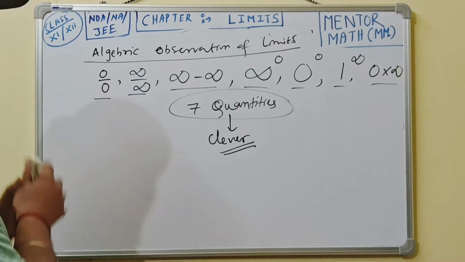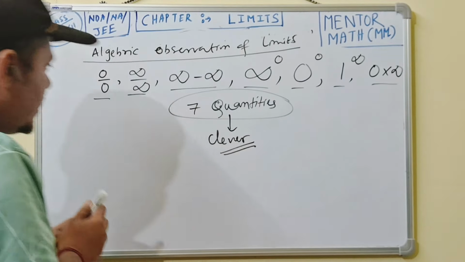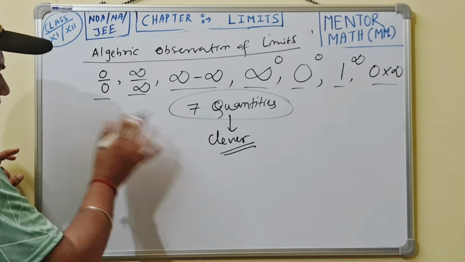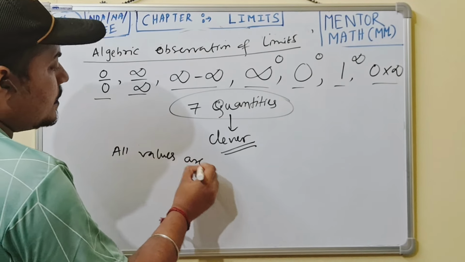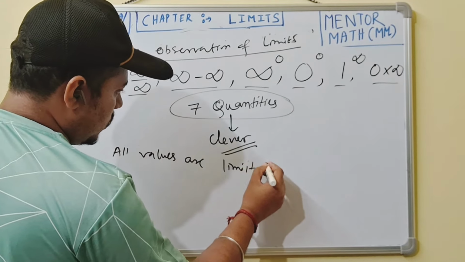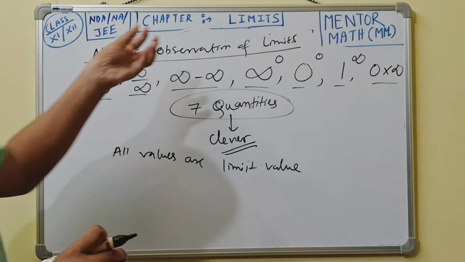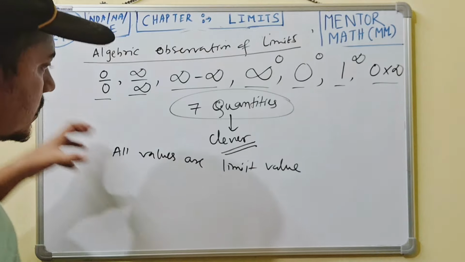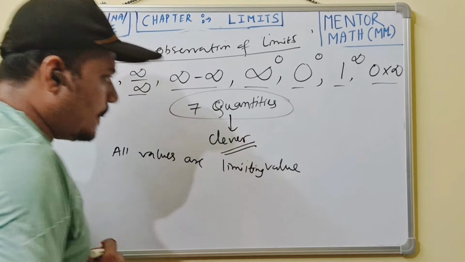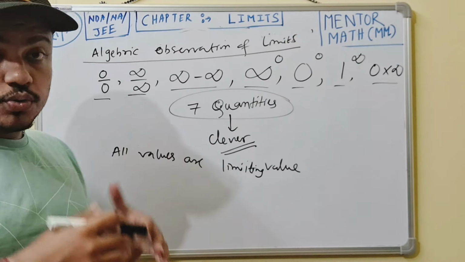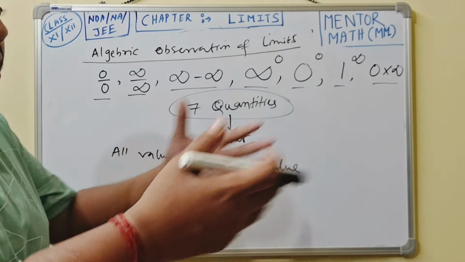Basically these quantities, 0 and 1 and infinity, all these things are not exact values. All these values are limiting values, approaching values, not exact values, not exact 0, not exact 1. So, students, you may have a doubt because maybe you cannot understand what I told.